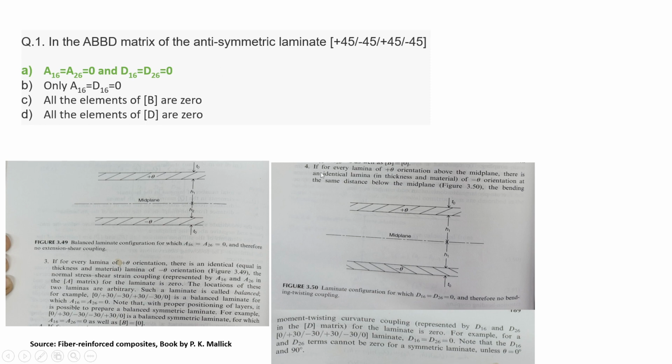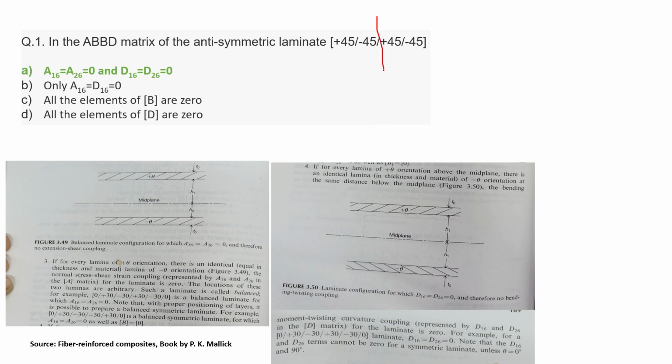The next point is that if for every lamina of plus theta orientation above the midplane, there is an identical lamina in thickness and material of minus theta orientation at the same distance below the midplane, then the bending moment twisting curvature coupling represented by D16 and D26 in the D matrix for the laminate is 0.